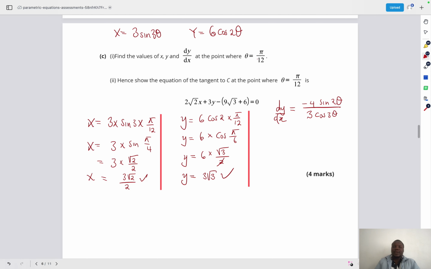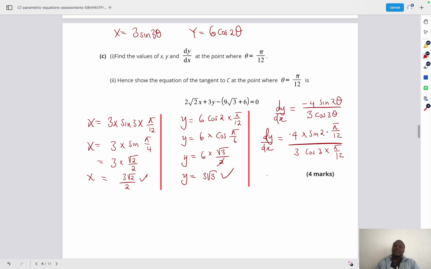Now, what we are doing here, we are replacing theta into there. And if we do our dy dx, we then realize that we've got negative 4 times sin 2 times pi over 12, over 3 cos 3 times pi over 12.